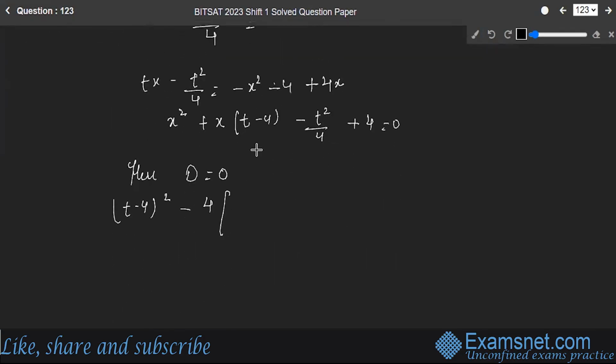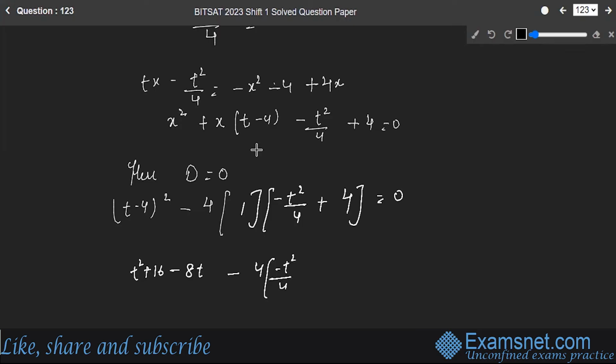Minus 4a, that is 1 into c, which is t square upon 4 plus 4. So you have t square plus 16 minus 8t minus 4 into (t square upon 4 plus 4). This is equal to 0.